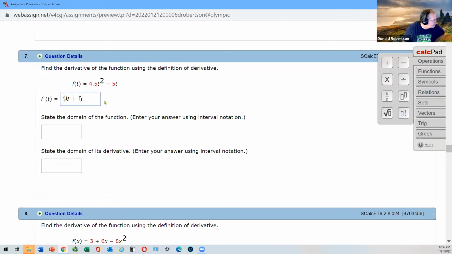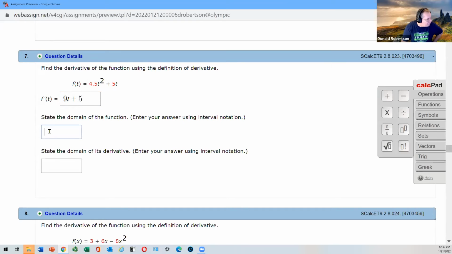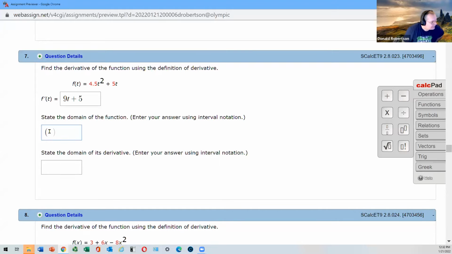Now, state the domain of this function and enter it using interval notation. Would you agree that for this original function, you can use any value of t you like, all real numbers, but you're not allowed to type in all real numbers? I hope you can put a bracket and then a negative, and then you go hunting for infinity.